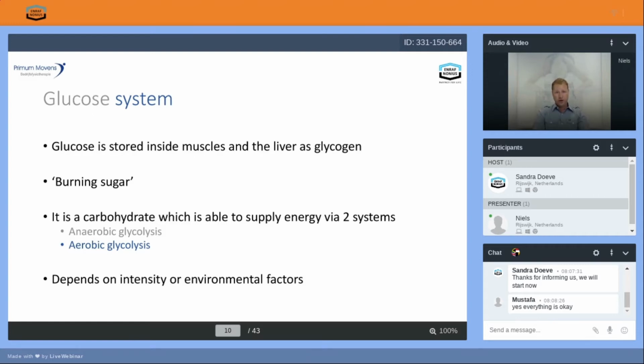Which system is used depends on the intensity of the activity and the environmental factors. When you are performing at higher intensity levels, the oxygen cannot be used to burn the sugar itself, and that means that you will go into the anaerobic glycolysis, and I will explain in the next sheets the difference between those two systems.